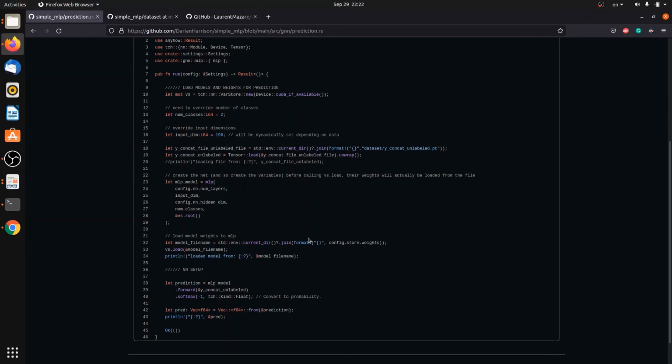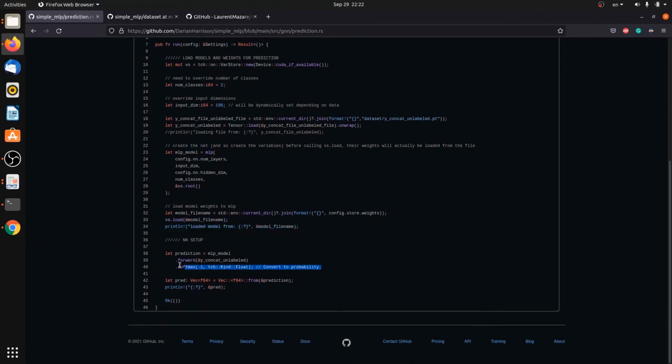On top of that structure, we're going to load the weights that we saved earlier, and then we're going to do one forward pass for prediction. After the forward pass, we're ready. Just give me the prediction. What is it? So let's go ahead and run this.